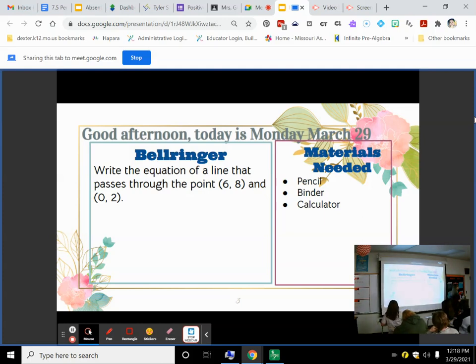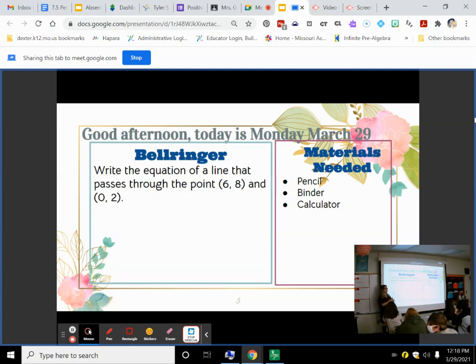All right, so last week we started discussing polynomials. Polynomials are algebraic expressions where you have a sum of terms. You can have 1 term, 2 terms, 3 terms, and a sum means you add them together.